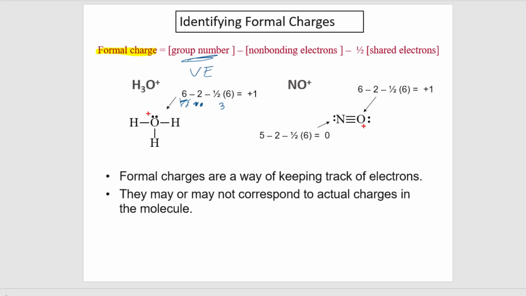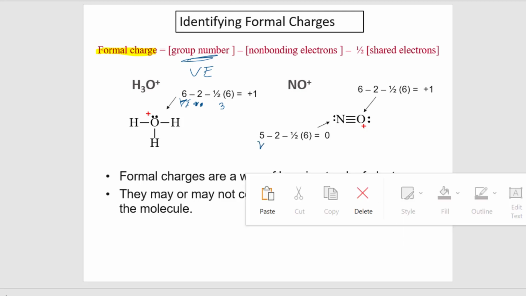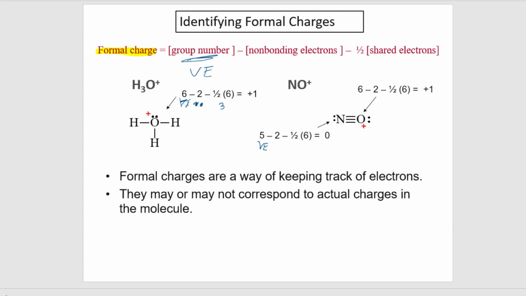Drawing out the Lewis dot structure for NO, you can see that nitrogen has 5 valence electrons minus the 2 lone pair electrons, the 2 electrons that aren't bonding, minus those 2. And then there are 2, 4, 6 electrons in those bonds, so half of that is 3. So there is no formal charge on the nitrogen.